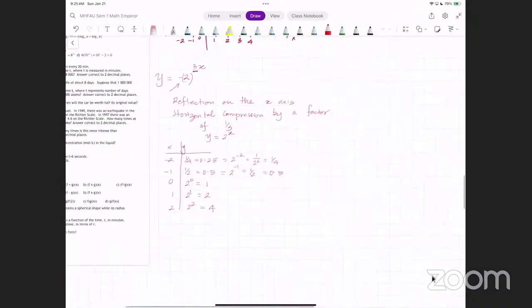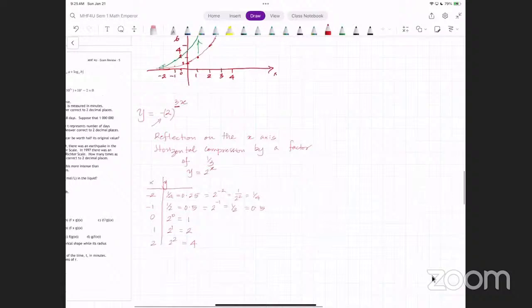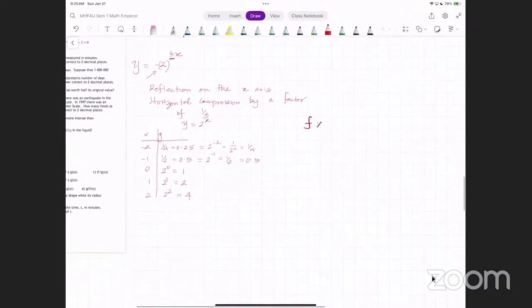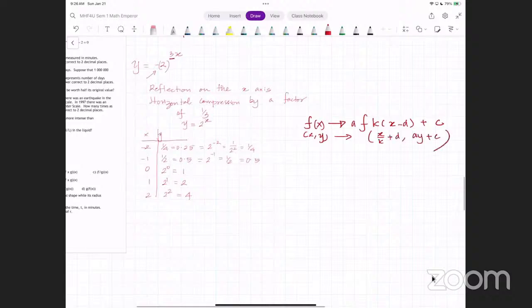Now let's go back to the mapping notation. That's the key. So just recall when a function f of x goes through the following transformation, a f of k times x minus d, plus c. If you have a coordinate x comma y, this coordinate is going to be changed to x over k plus d comma ay plus c.